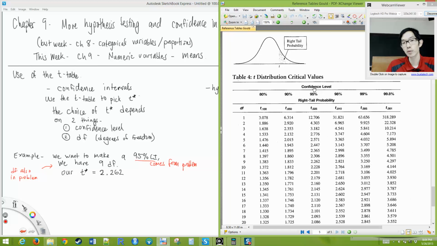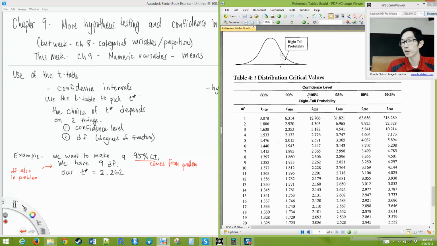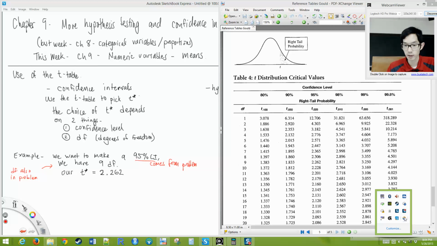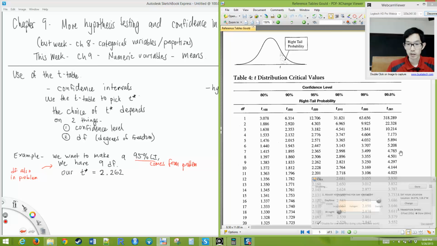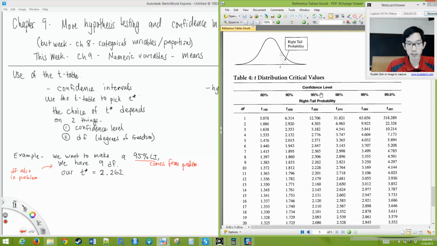On your t-table, at the very top it says confidence level, and we go to 95% confidence. Sorry, let me fix my color again. 95% confidence, and then we have 9 degrees of freedom, so we just go to the row where DF, degrees of freedom, is 9, and we pick 2.262. On the right side of the screen, what does it say in red? Comes from the problem. Okay, so we use 2.262.